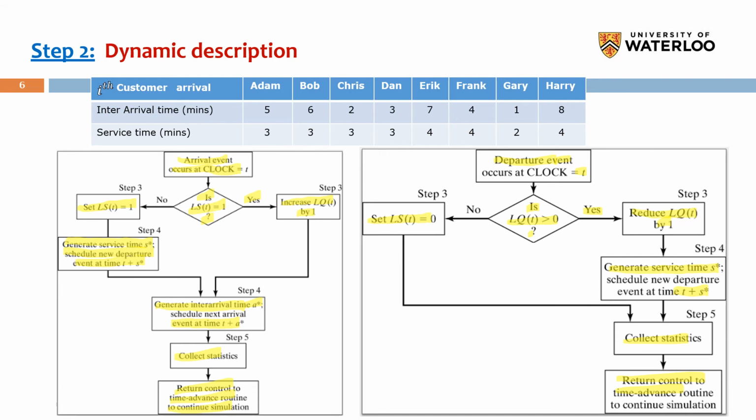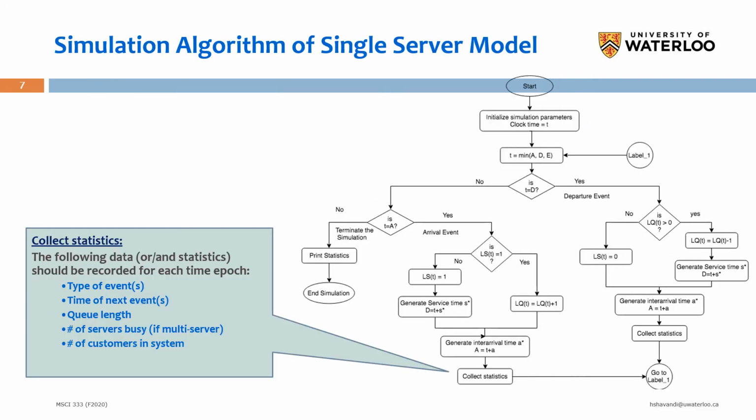Here we have integrated those two flowcharts into one flowchart for the whole simulation model. As you see, after initialization, we take the imminent event, the minimum time, in the future event list.